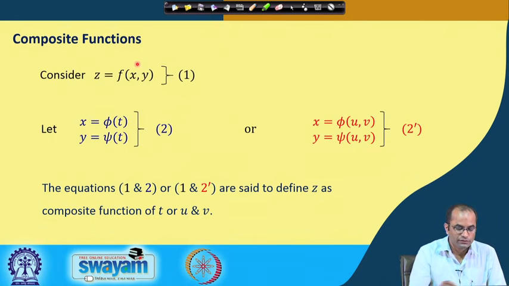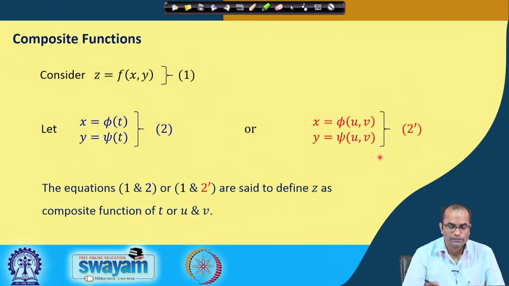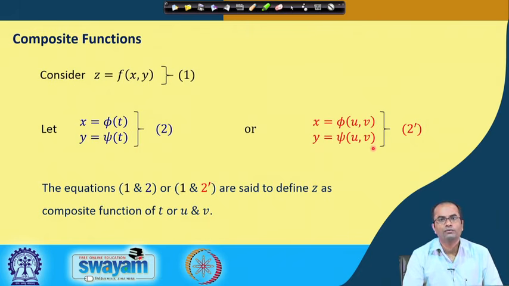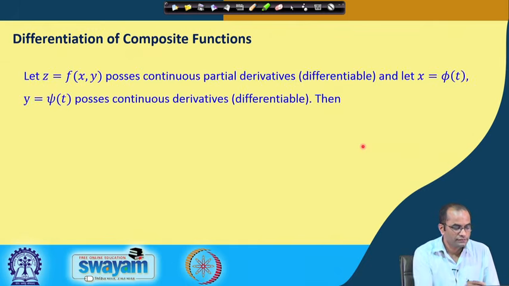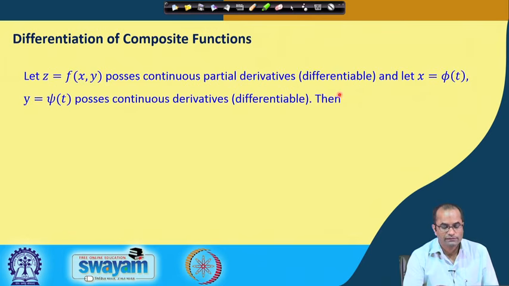And we have the same scenario when we have equation 1, z equal to f(x, y), with x equal to phi(u, v) and y equal to psi(u, v). So, let us take the first case. Let z possess continuous partial derivatives, or we can also assume that z equal to f(x, y) is differentiable.